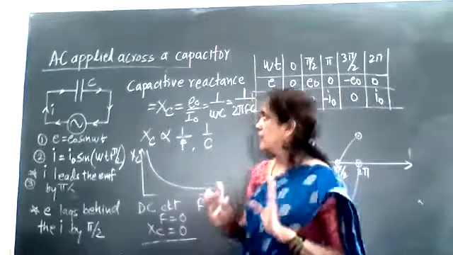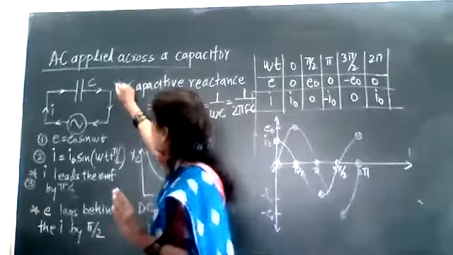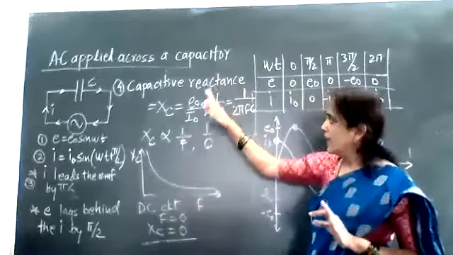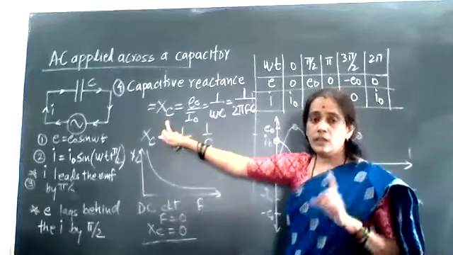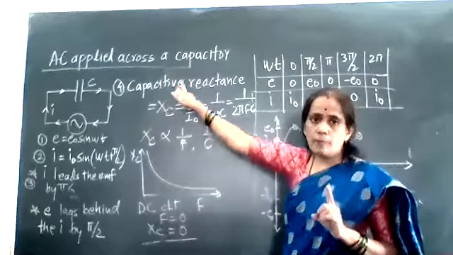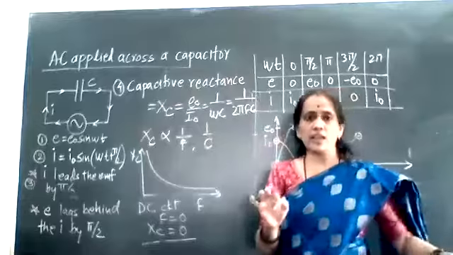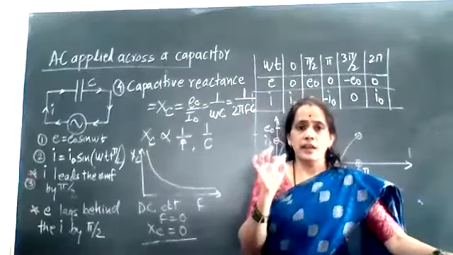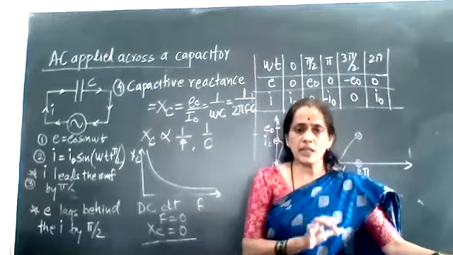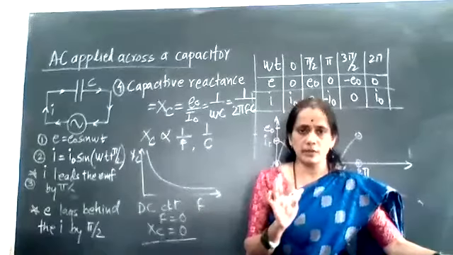Clear? Then the fourth point is about capacitive reactance. Capacitive reactance formula. Here you have a numerical problem on this. So capacitive reactance is defined as resistance offered by the capacitor when capacitor is applied across AC.